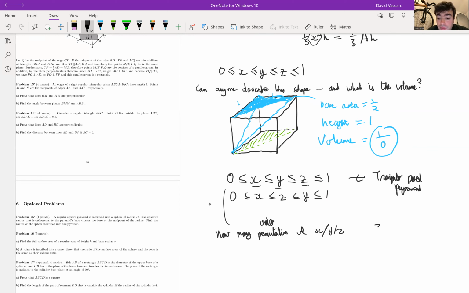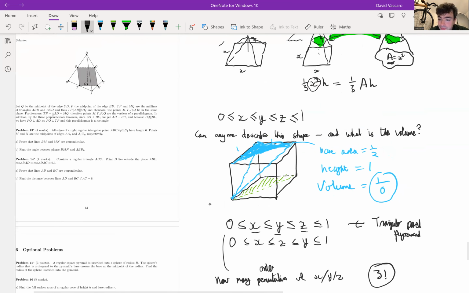So the number of permutations is 3 factorial. So clearly, the volume of this special tetrahedron is 1 over 3 factorial.